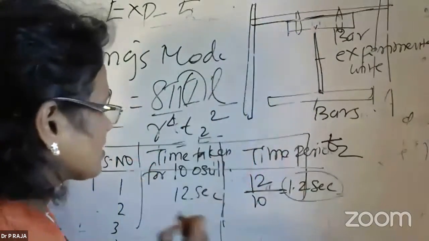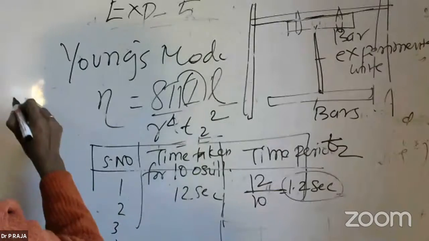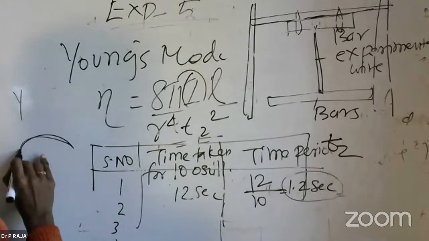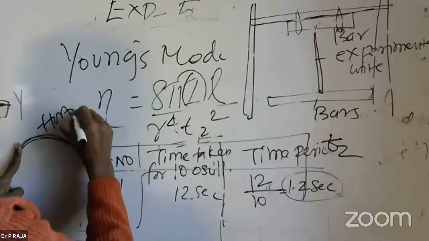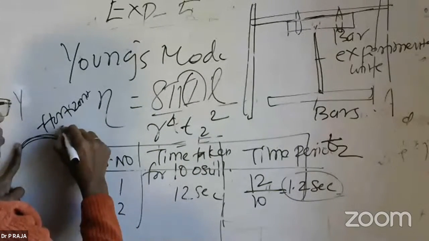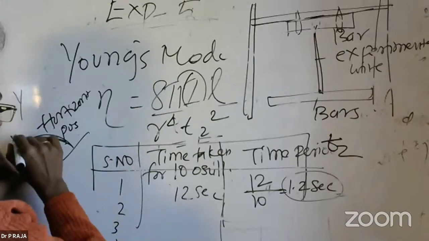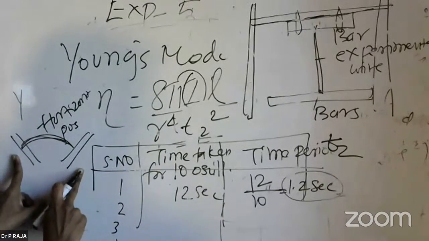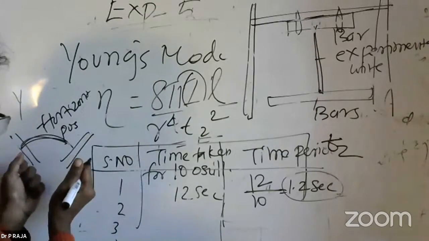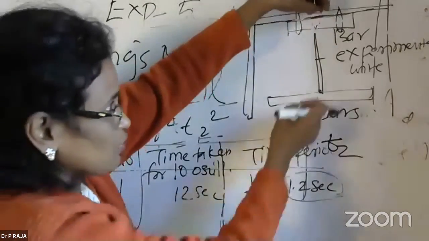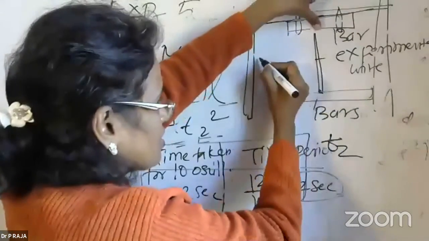In the previous case, for Y, the wire was kept in a horizontal position between the two bars and allowed to bend. Now, in this case, the wire will be kept in a vertical position.